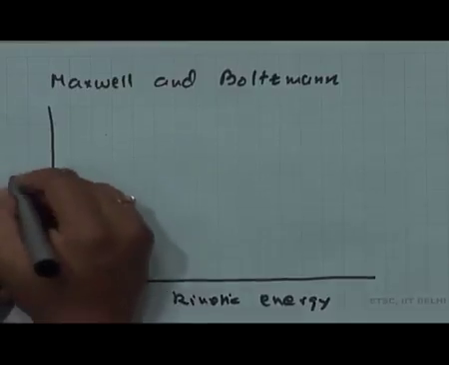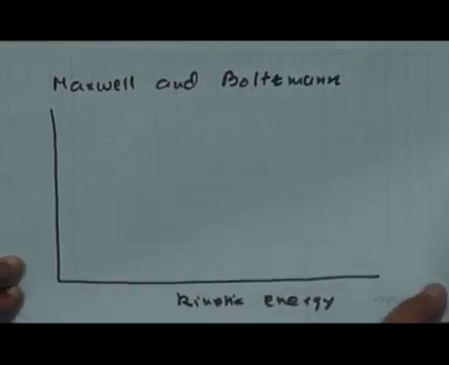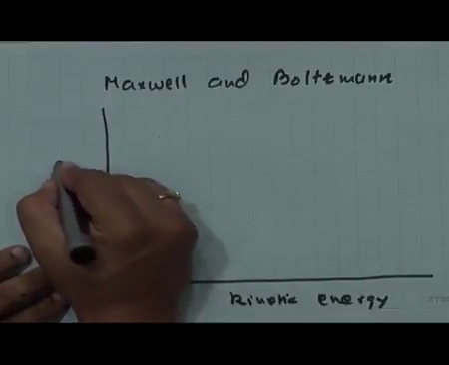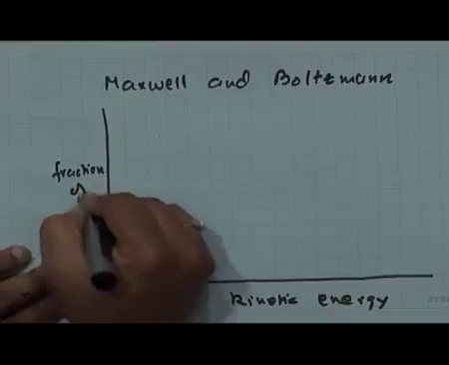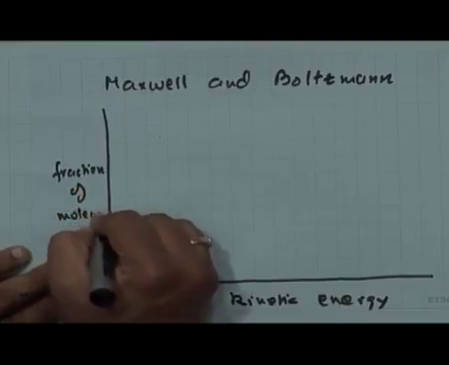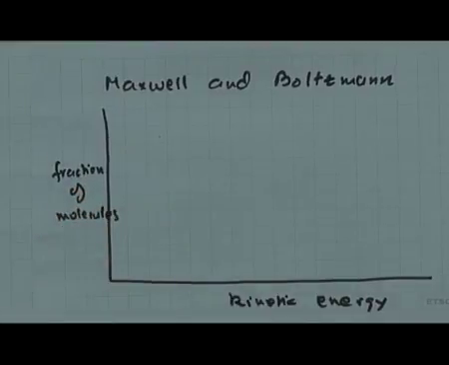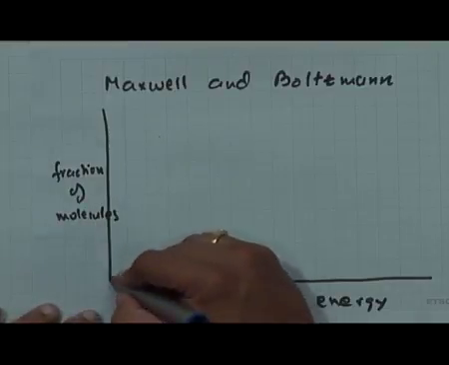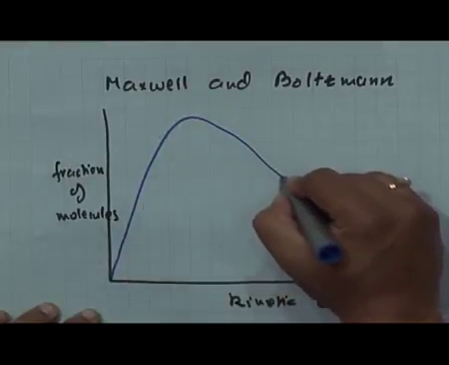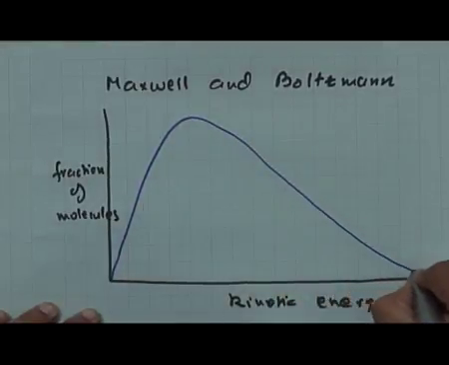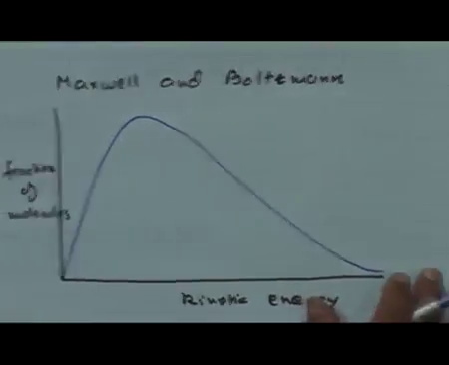So this on this side will be fraction of molecules. Okay. And how will the distribution look? So this will look like this. So this is how the distribution looks like.